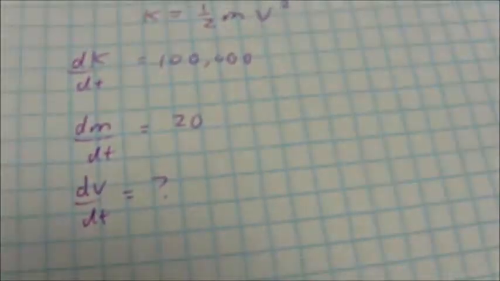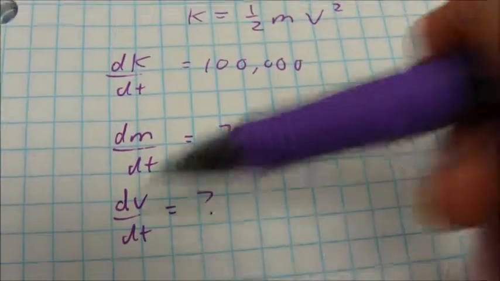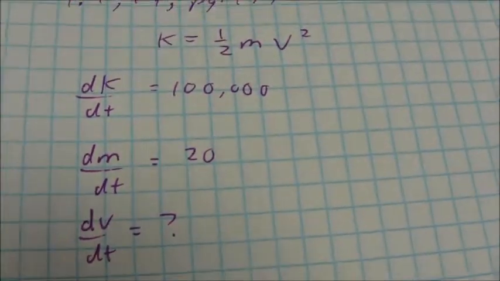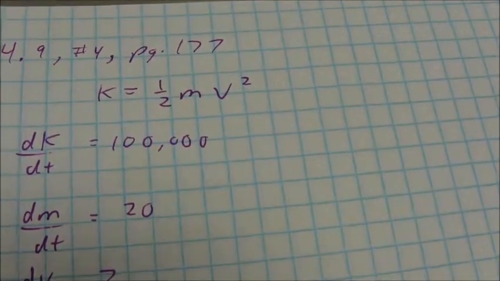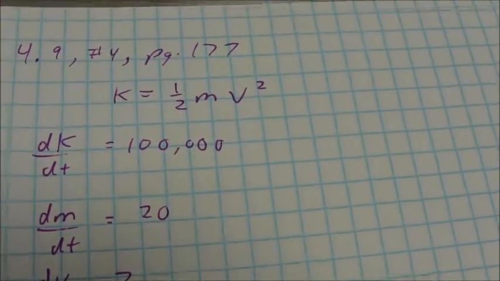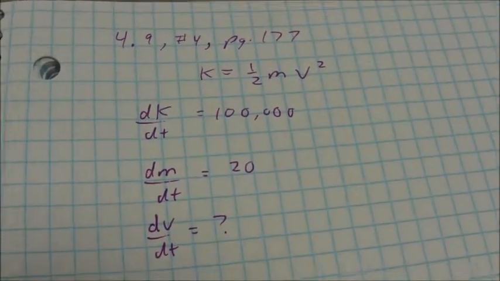The rate of change that I'm looking for is dv/dt. Notice that I have three different derivative values here. So when I take my derivative, interestingly enough, I'm not going to need to replace any of these variables. I'm going to have to use all of these, which is going to make that derivative a little bit more challenging.